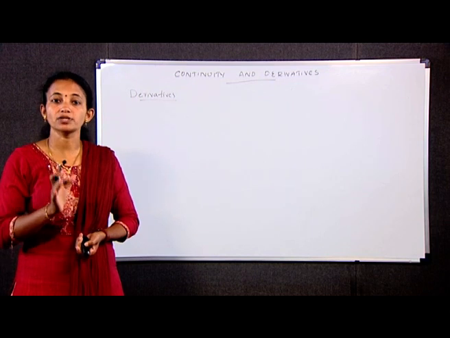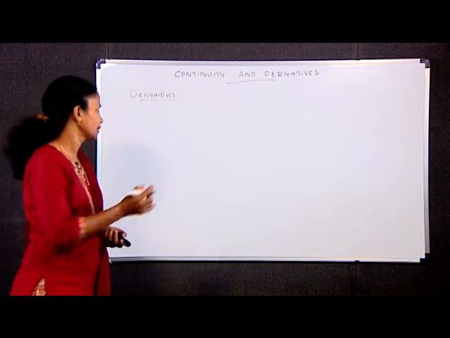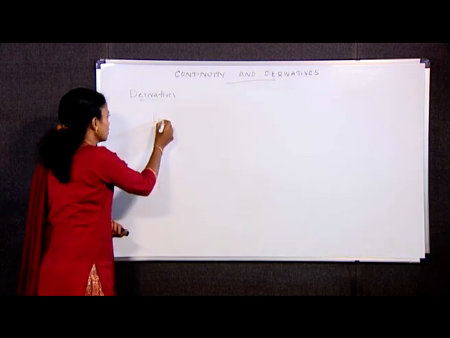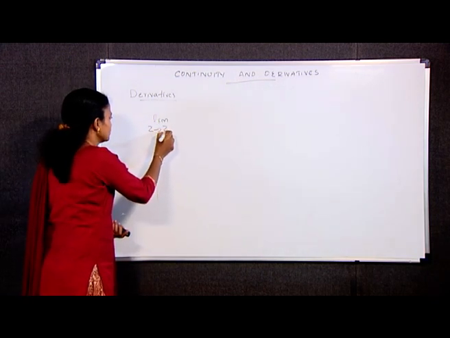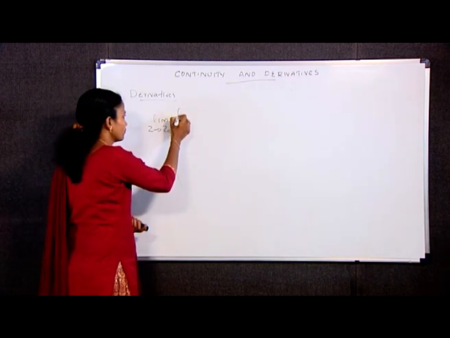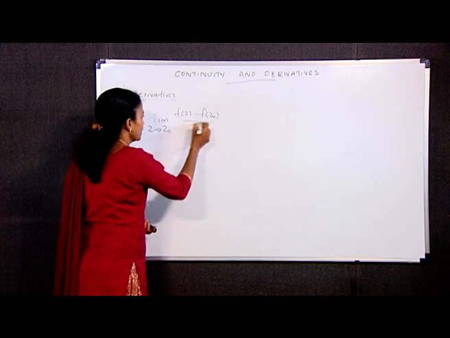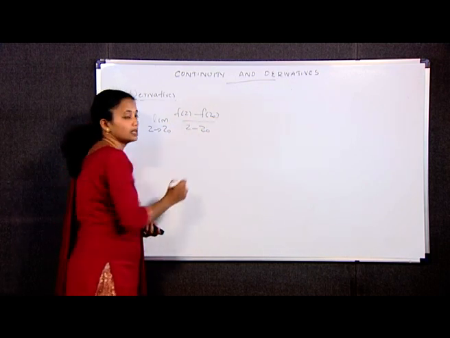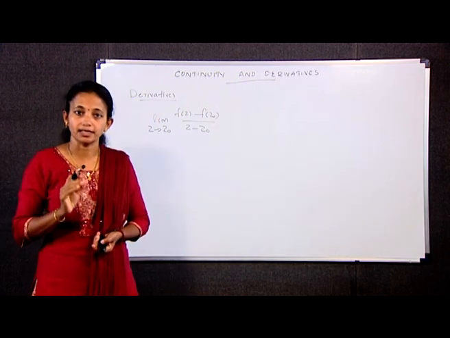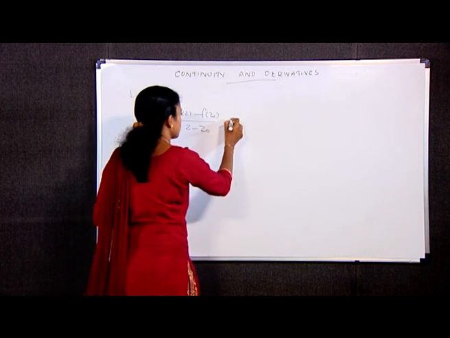That is, suppose f is differentiable at a point z0, then limit z tending to z0 of f of z minus f of z0 by z minus z0 exists and is equal to f dash of z0.